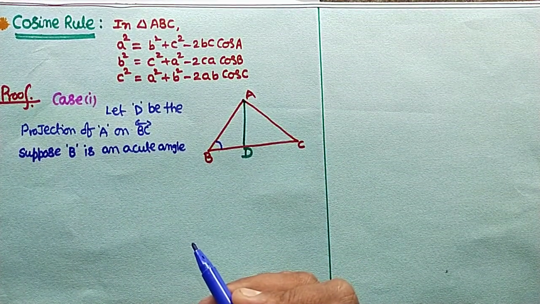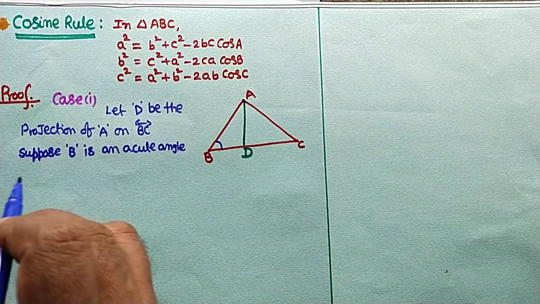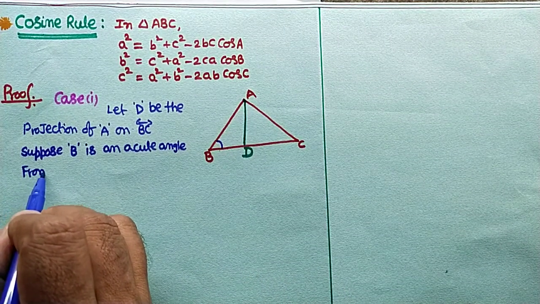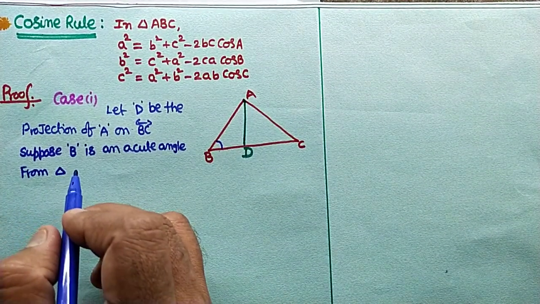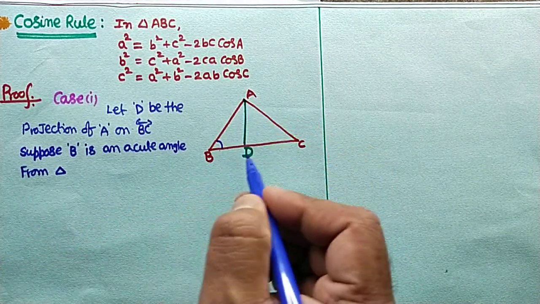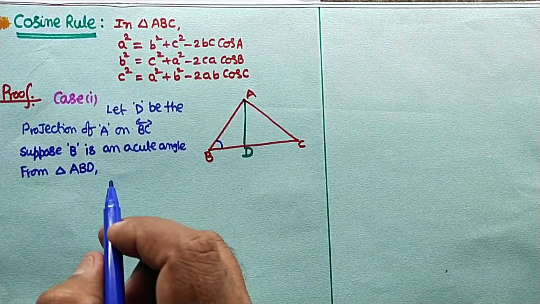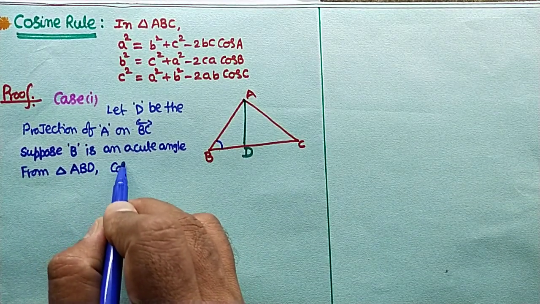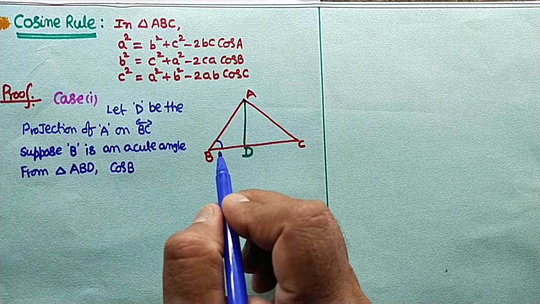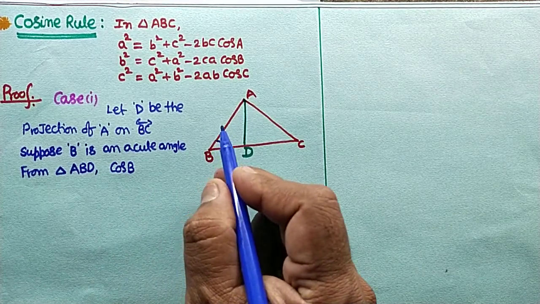If it is an acute angle, from triangle ABD, cos B means adjacent side by hypotenuse.